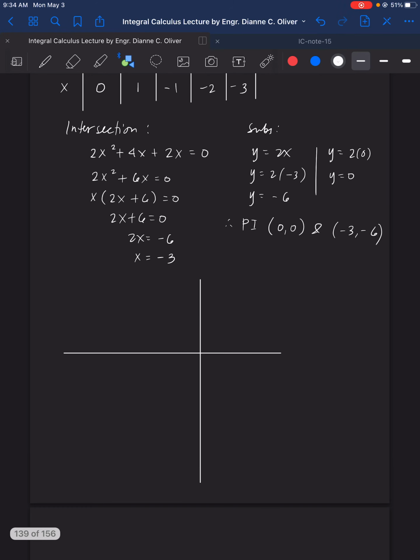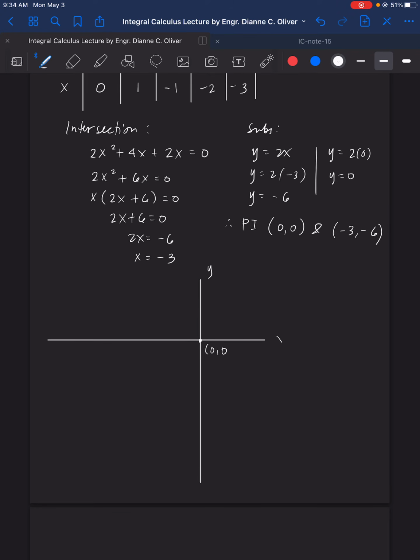Since it's a line, let's just leave it as it is. So this is point 0, 0.